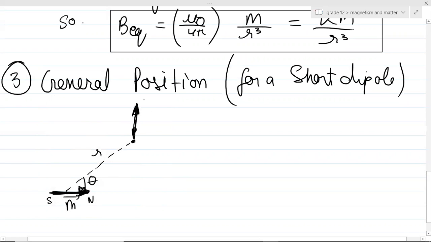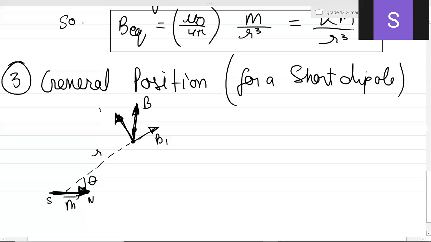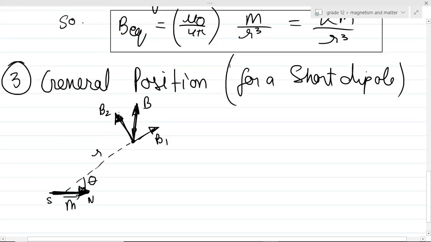So I can have one component which is along the direction and one component which is perpendicular to this, right?